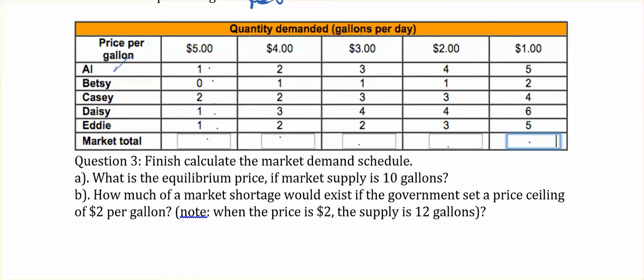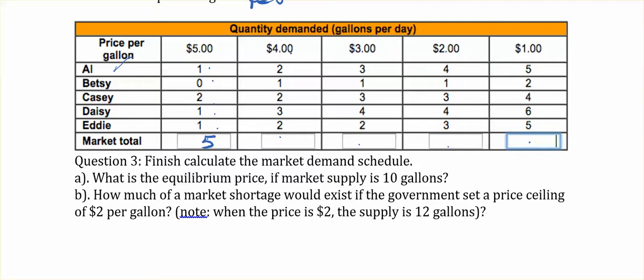So when the market price is $5, the first company offers 1 gallon, the second 0 gallon, the third 2 gallons, the fourth 1 gallon, and the fifth company 1 gallon. If we add all of them together, we get the market demand: 1 plus 2 plus 1 plus 1. So that is 5 gallons.